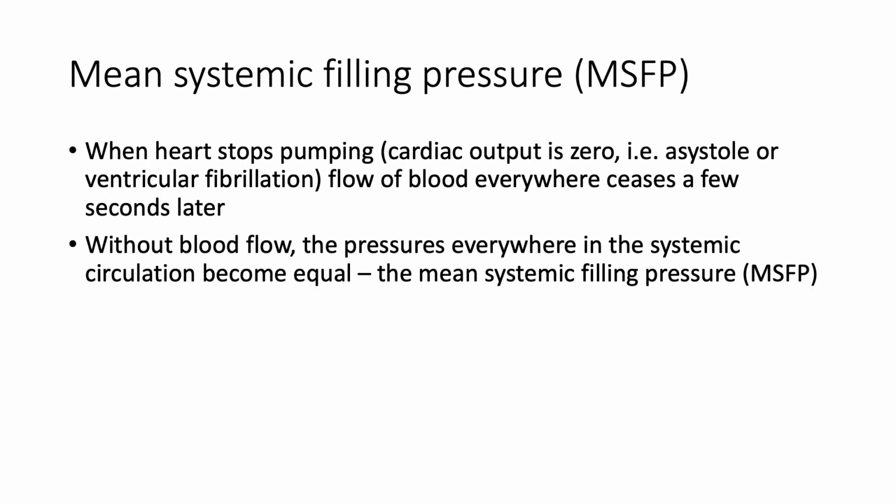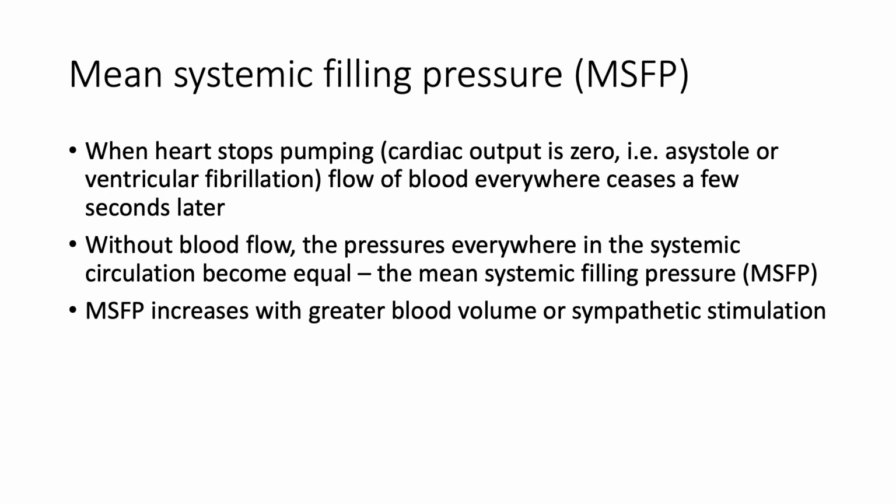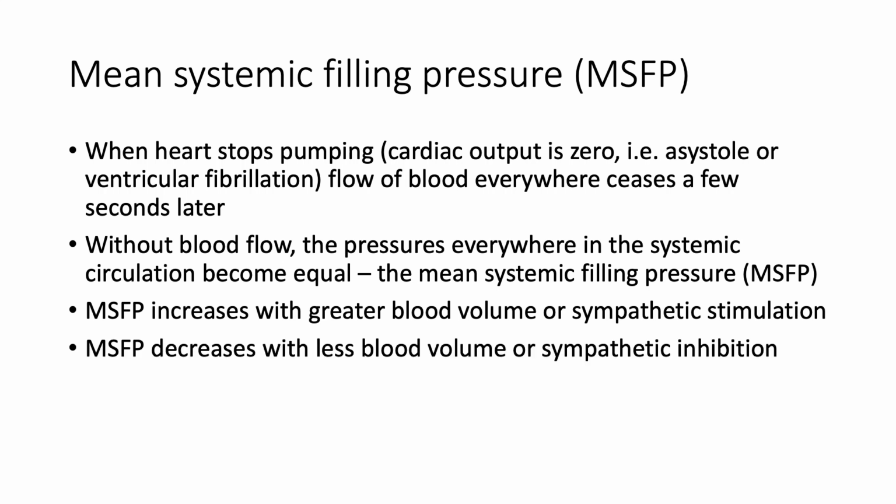And when there's no blood flow at all, the blood is still exerting pressure in the vessels, right, but it's going to equalize throughout the system. And that pressure is then called the mean systemic filling pressure. And so that mean systemic filling pressure is higher if you have higher blood volumes or if you have sympathetic stimulation. The mean systemic filling pressure is going to decrease with lower blood volumes or sympathetic inhibition.